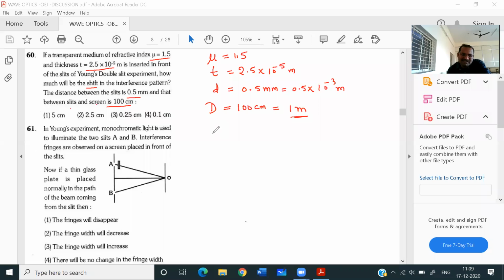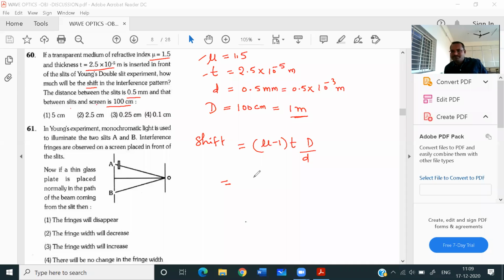Now, what are they asking? What is the shift due to this glass slab of thickness? Shift formula is (mu minus 1) into t into capital D by small d. Direct formula, substitute the values. This is a value substitution question.